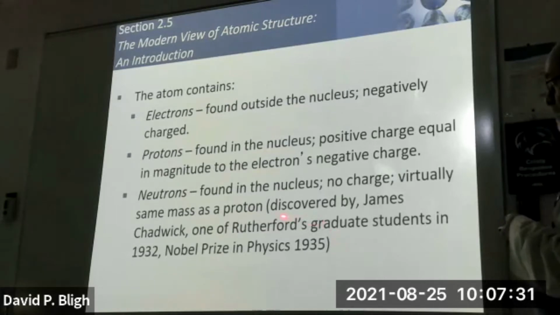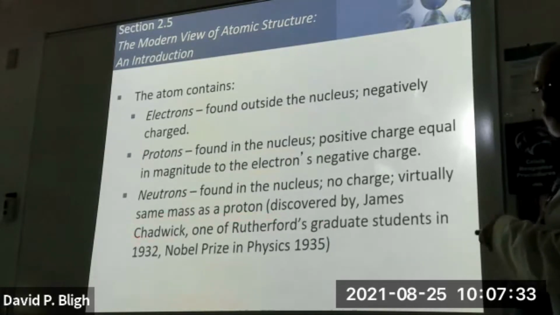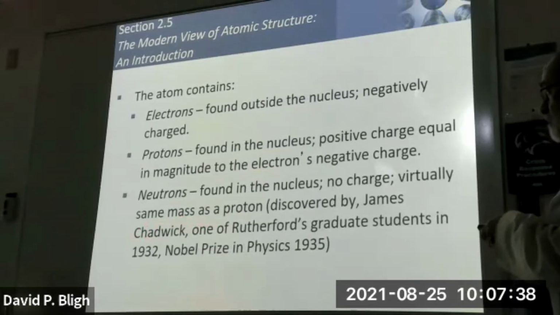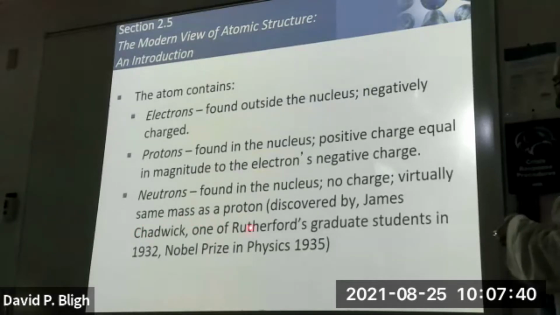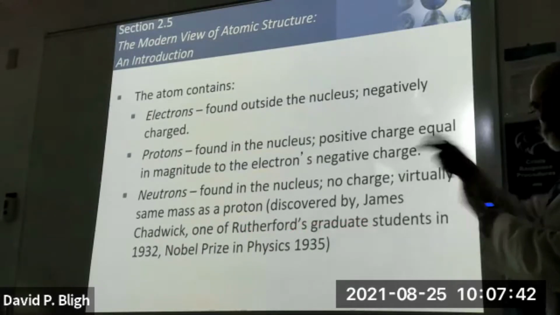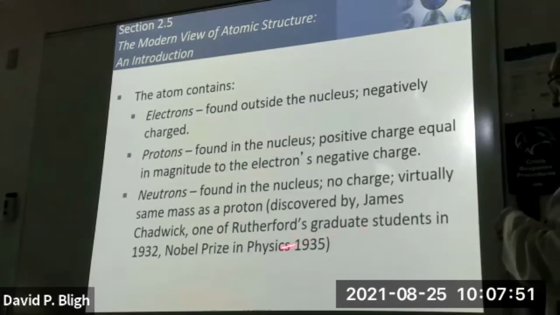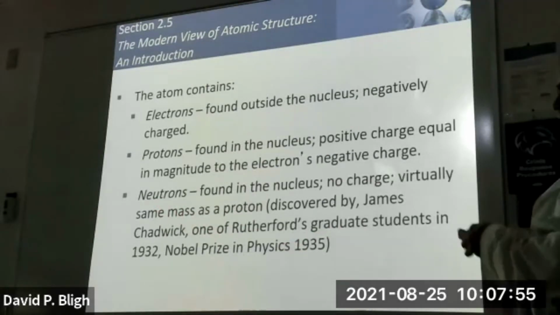And one of Rutherford's students and later research associates was Chadwick, James Chadwick. He continued to work as Rutherford's graduate student and then beyond, and received the Nobel Prize for his discovery of the neutron.